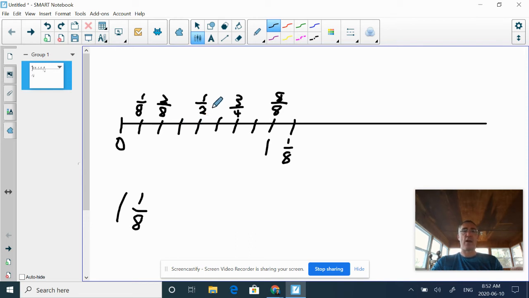So my halfway point is actually going to be halfway between these. And so I know that 1/2 is the same as 4/8 and 5/8.